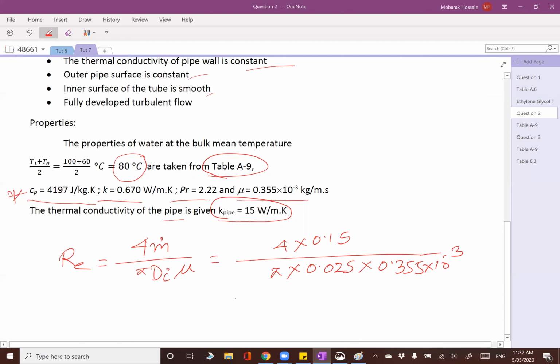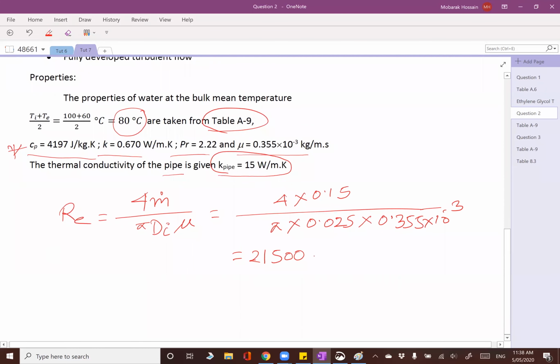So the Reynolds number will be 21,500, and it is greater than 10,000. So the flow is turbulent.